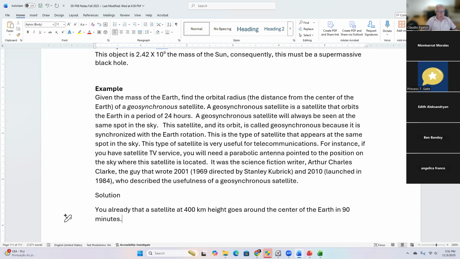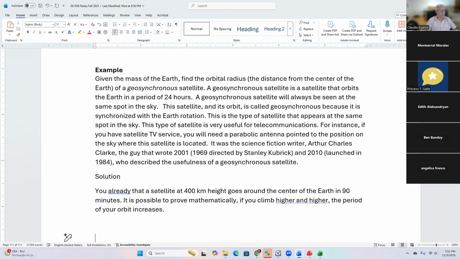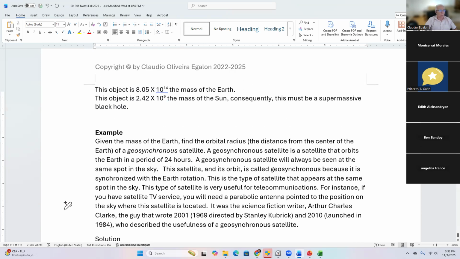If you climb higher and higher, it is possible to prove mathematically that the period of your orbit increases. It's possible to prove that using the same equations that we have derived before, okay? So here you go.